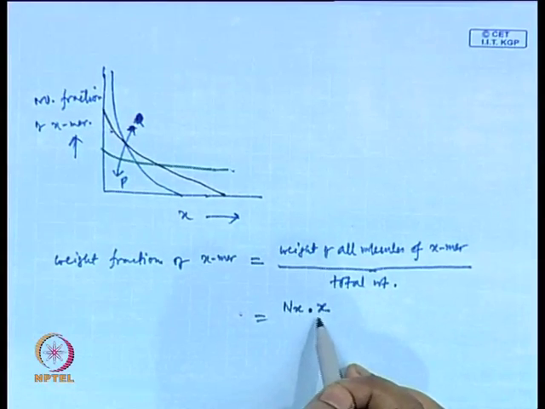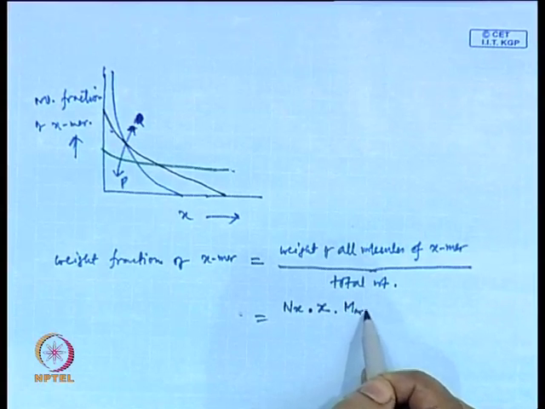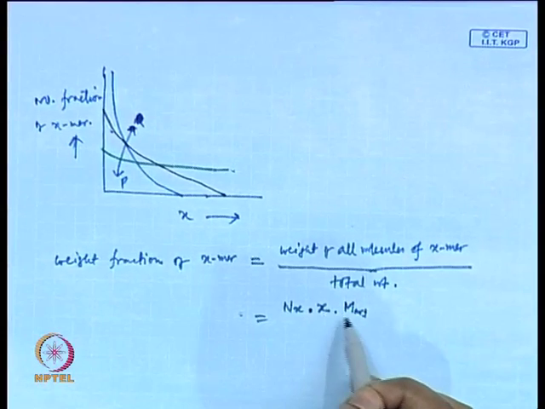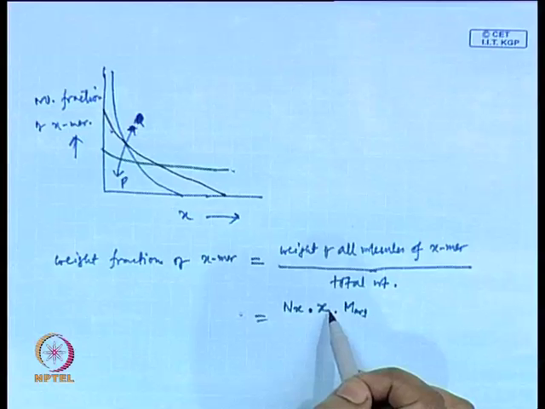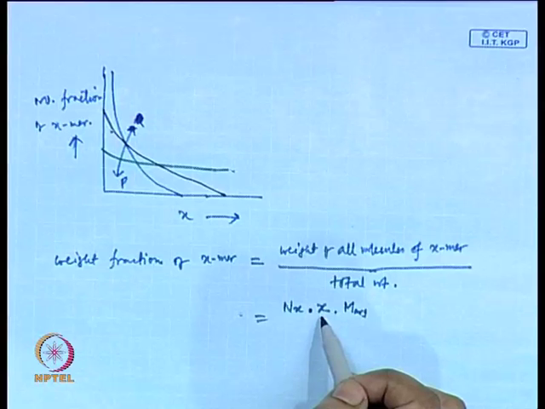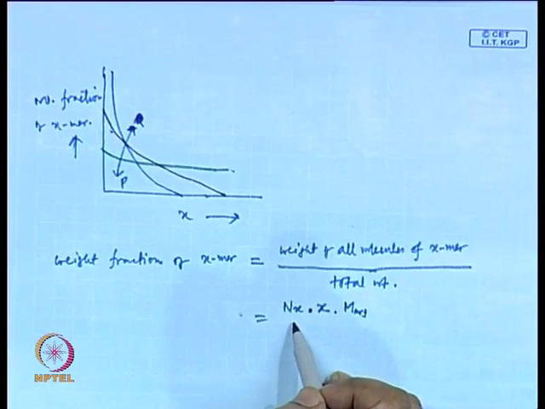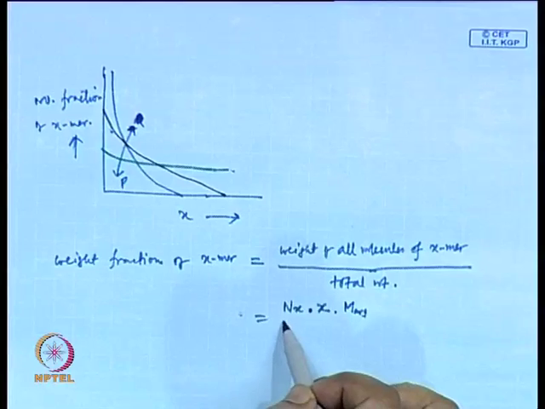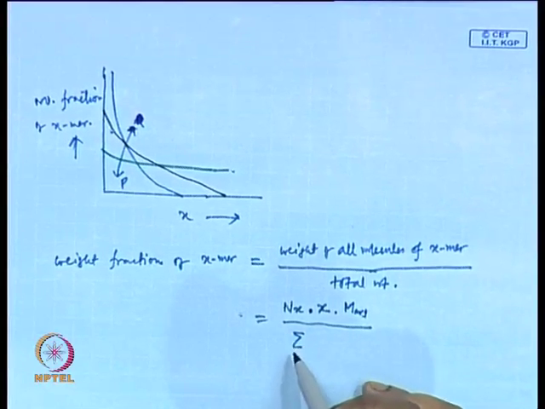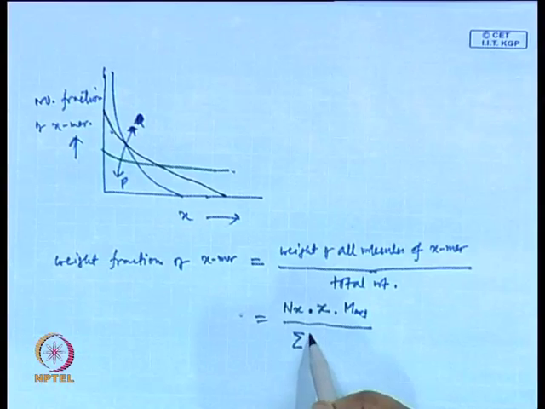So, total weight is Nx times x times M average, where M average is the molecular weight of the structural unit. This is the molecular weight of the structural unit, this is the number of structural units present in one chain, and this is the number of such chains, and the total weight is the sum over all values of x.